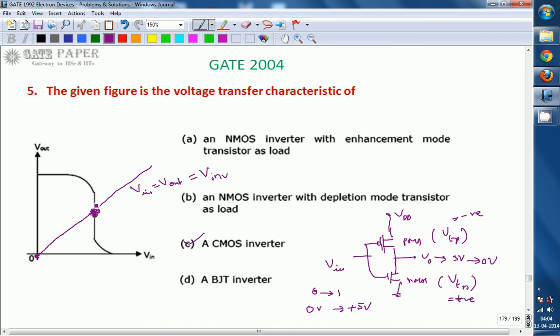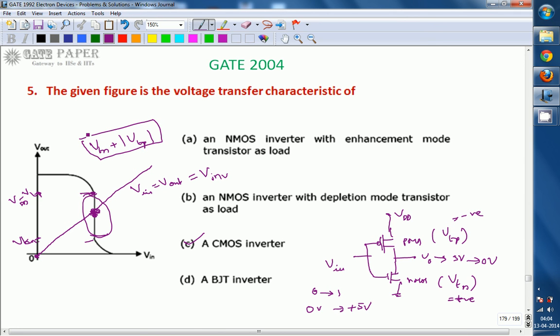At this point the change is abrupt. If you observe, there is a sudden change from VDD minus VTP to VTN. At this point there is a drastic change, which reduces the output by VTN plus VTP. This much voltage drop takes place at the output side abruptly.